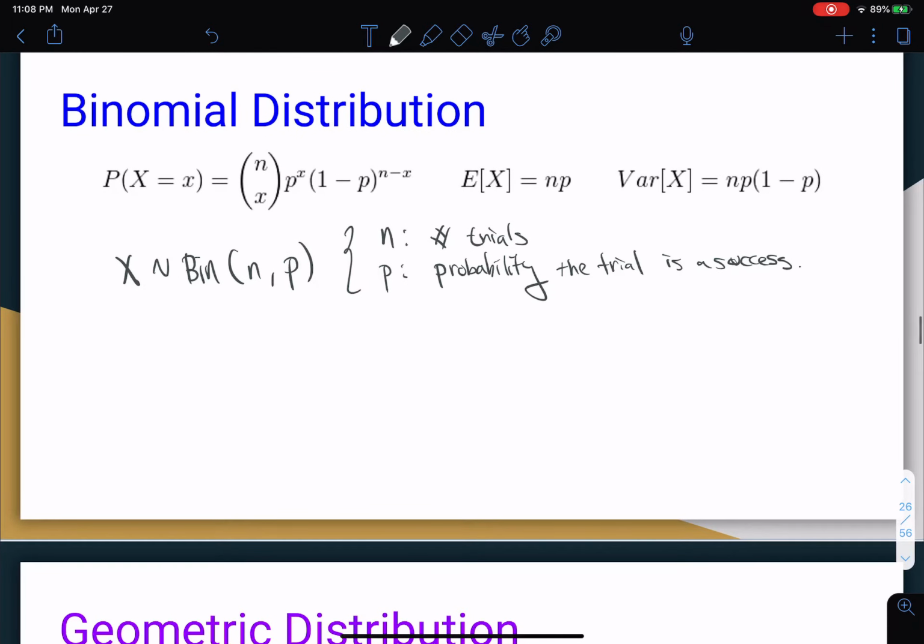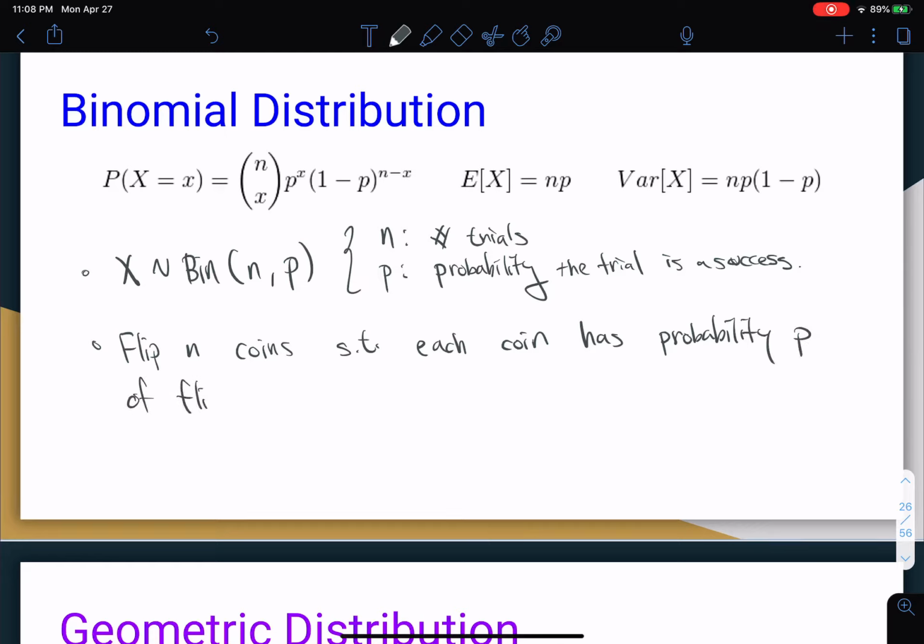So for binomial, it's like flipping n coins such that each coin has a probability p of flipping heads.